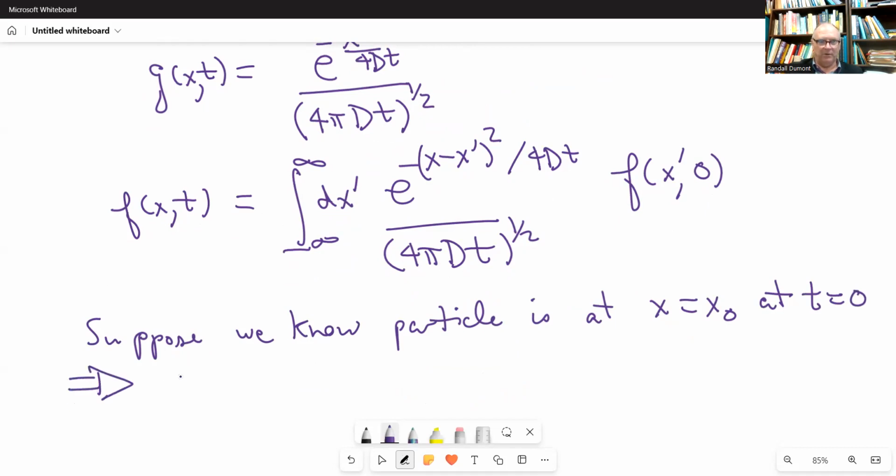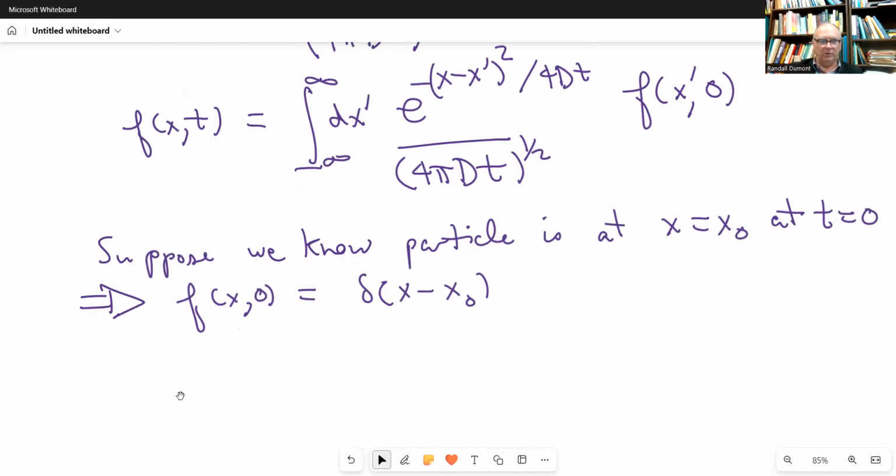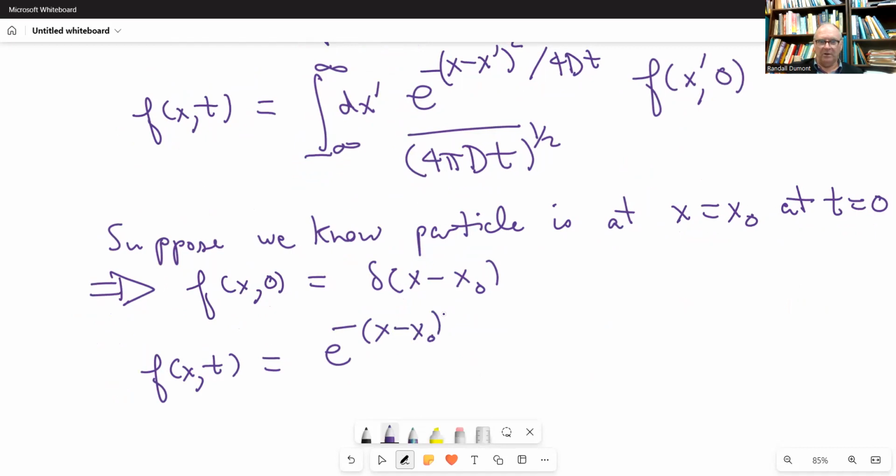That corresponds to f of x0 equal to a Dirac delta function, x minus x naught. And if we plug that into the above equation, then the f distribution at time t will just be equal to this propagator, the kernel, except with x primed replaced by x naught.